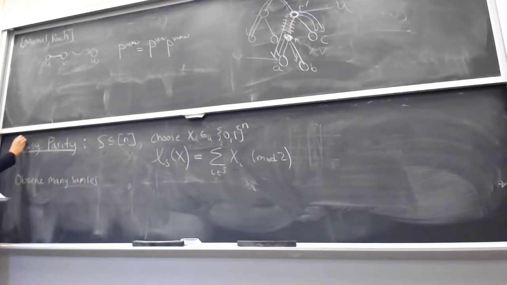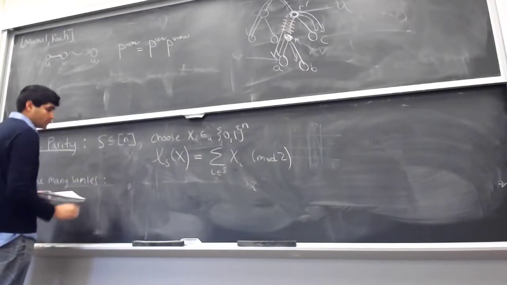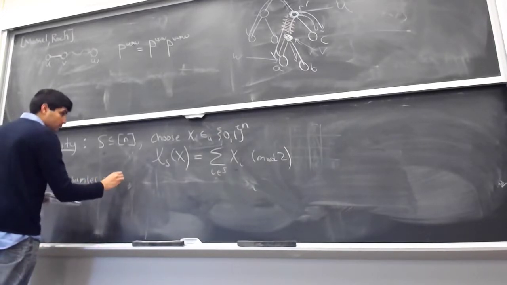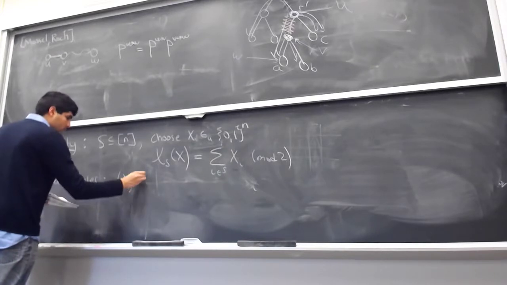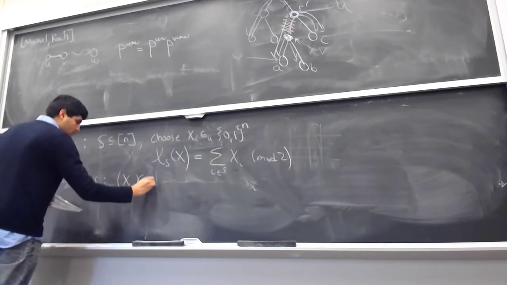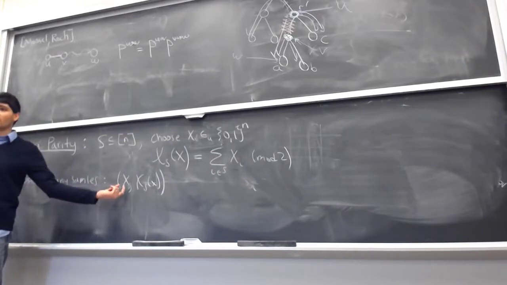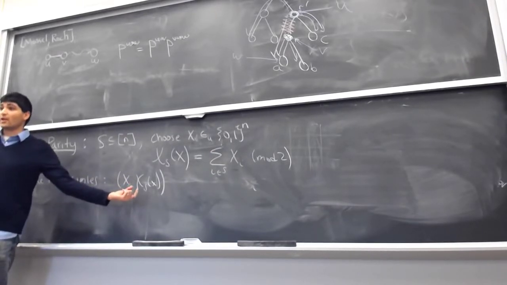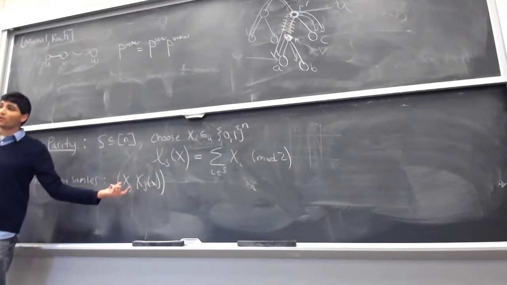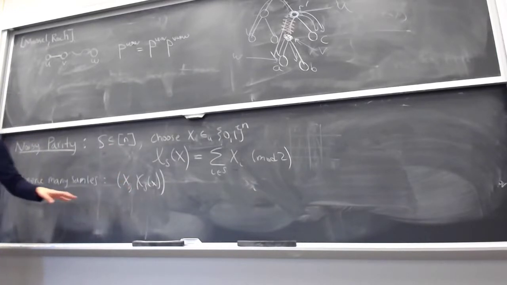Actually, this is just the learning parity problem, and I'll get into the noise in a second. So you observe this length n string, and then you observe this parity. And the question is, can you learn the parity from many of these examples? Does anyone have any intuition about this? Is this algorithmically tractable?